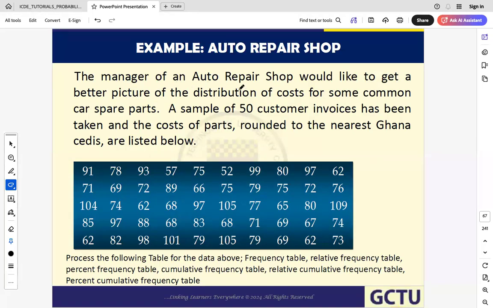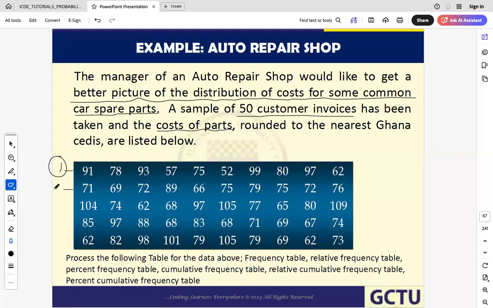It says that the manager of an auto repair shop would like to get a better picture of the distribution of costs for some common car spare parts he is selling or has sold.